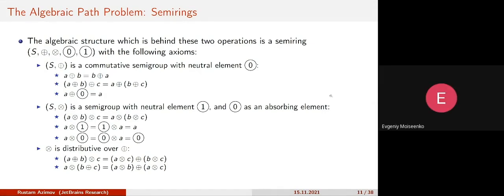I see. It's interesting. One possible way is to use distillation, for example, or something else. I don't know, but we try to do it. We try to use supercompilation and distillation for such code optimizations.